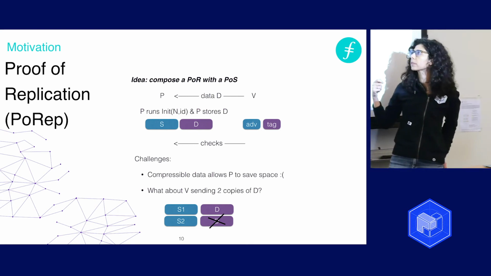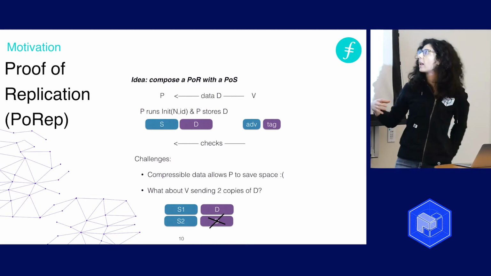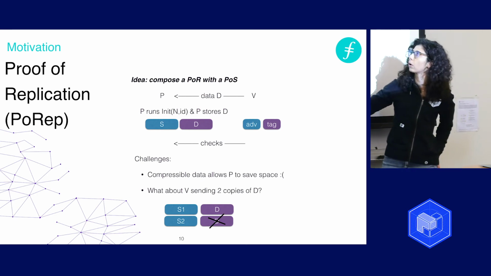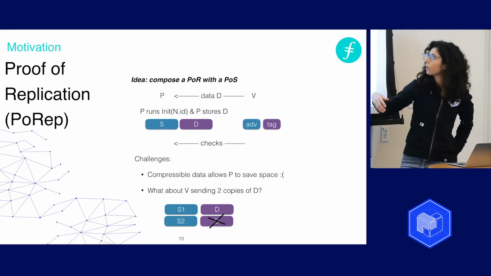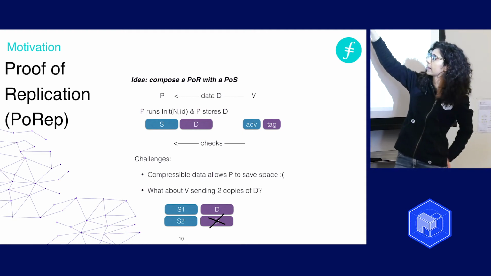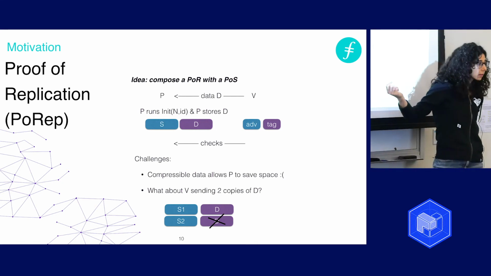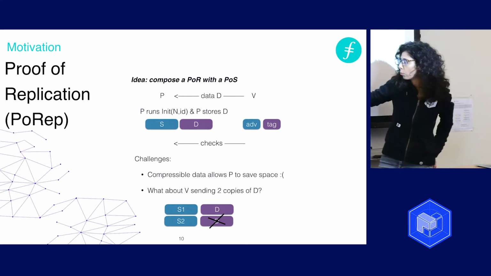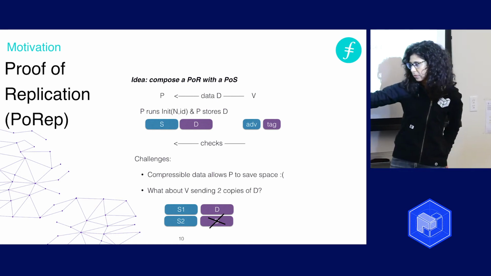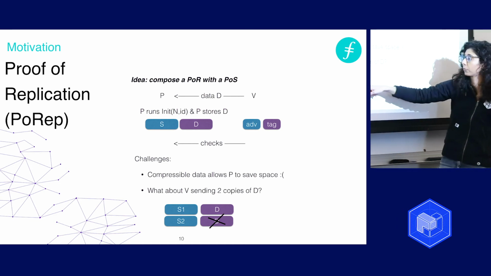And it's even worse if you put this in the context of a storage provider. I want to somehow use this also to guarantee some replication, some redundancy property. Imagine that the verifier is asking the prover to store 2 copies. Now a cheating prover can always pretend to store 2 copies because it does 2 executions of the proof of space, but just 1 of the proof of retrievability.